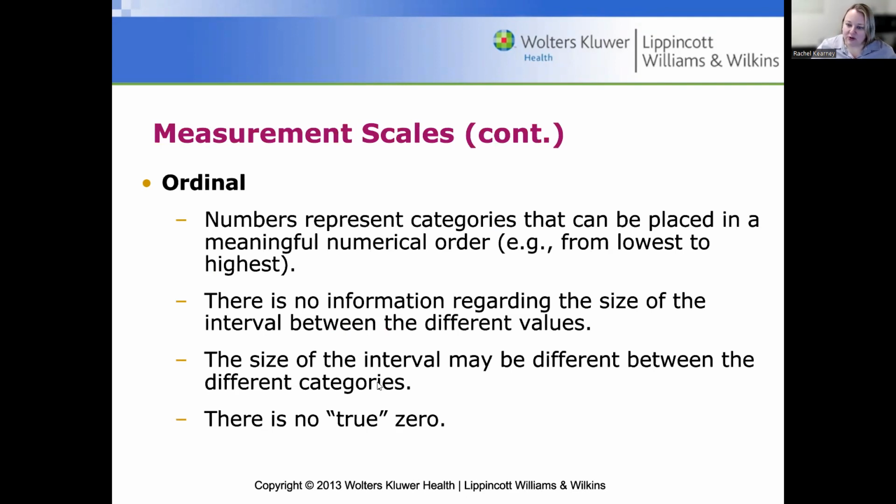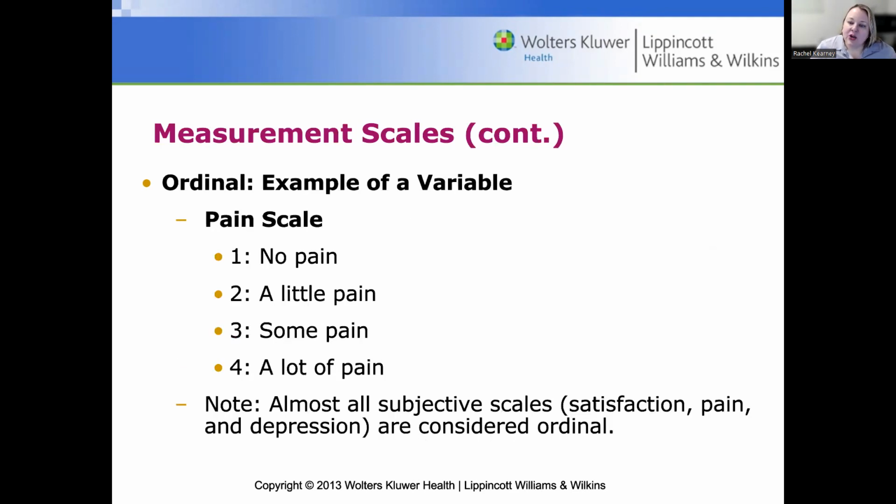And so there's no true zero in an ordinal type of scale. So some examples of these would be a pain scale. We may say 1 is no pain, 2 is a little pain, 3 is some pain, and 4 is a lot of pain. And there's a clear pattern, like this is no pain, number 2 is a little bit more pain, 3 is greater, and 4 is the most.